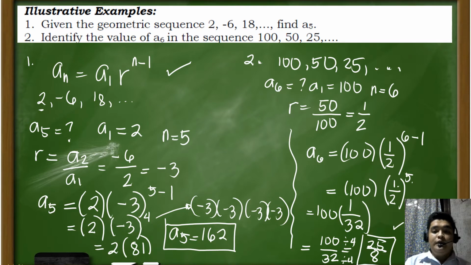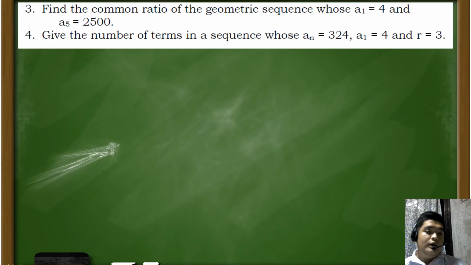Next, number 3. Find the common ratio of the geometric sequence whose a sub 1 equals 4 and a sub 5 equals 2,500. Let's apply the formula. We need to find the common ratio, r.